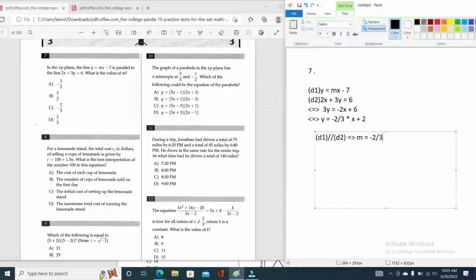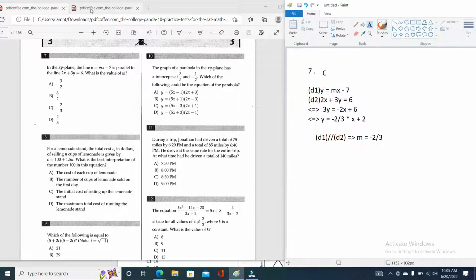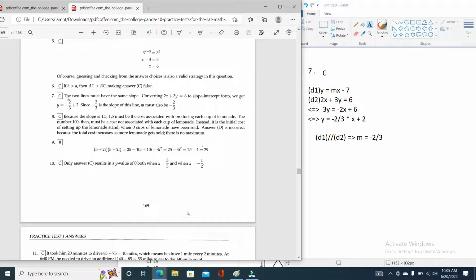The tan of the angle that they make with OX has to be the same, right? So the slope has to be the same, because d1 is parallel to d2. So m is equal to minus 2 over 3, so that's C. 7 is C. Okay, 7 is C indeed. So the slope has to be the same.